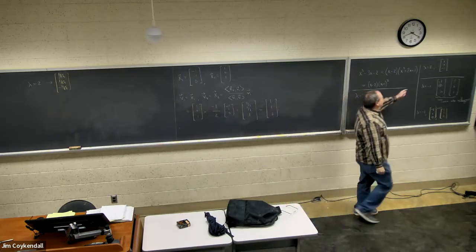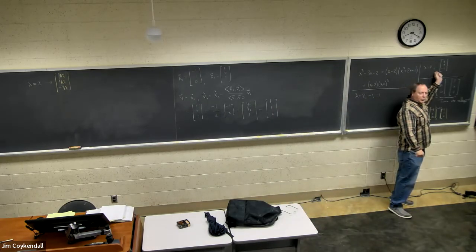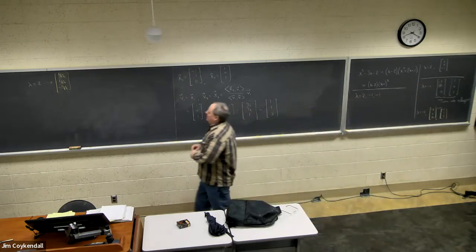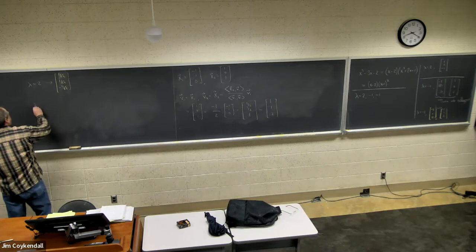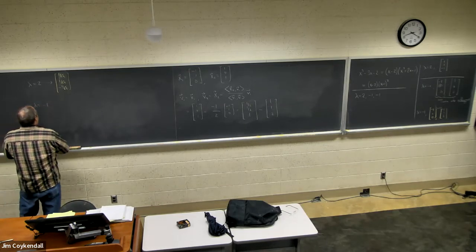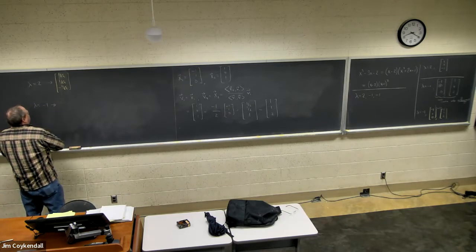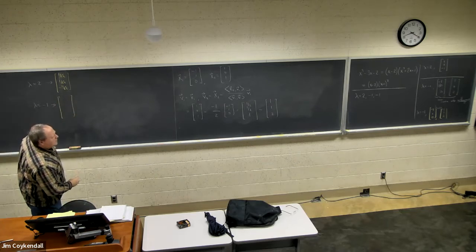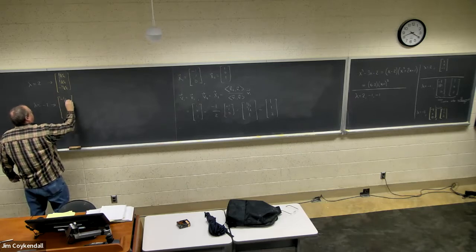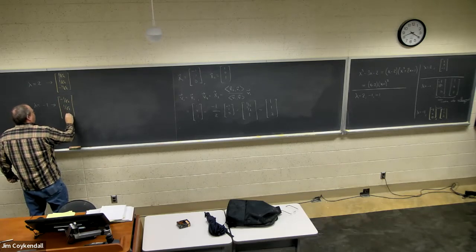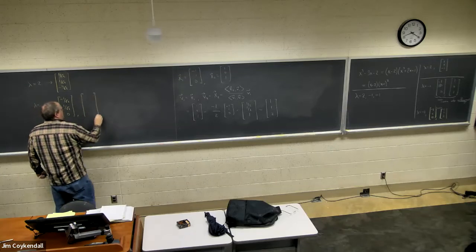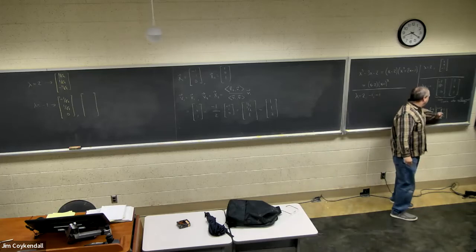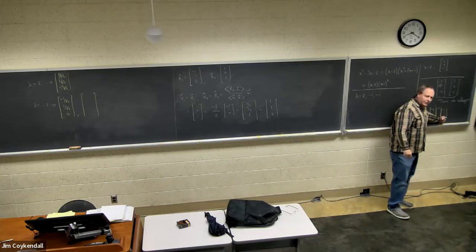I'll rescale these, normalizing these two as well. I'm going to take minus 1, and I'm going to normalize this one here. Notice the length of this one is √6.